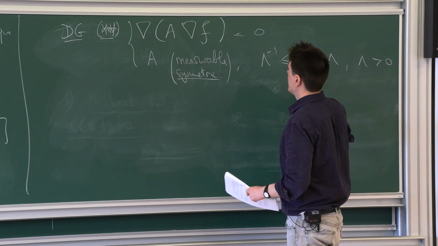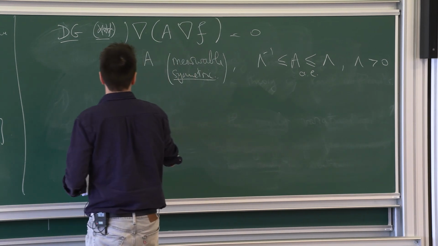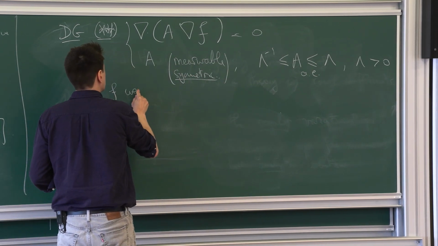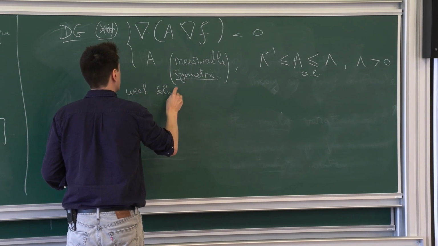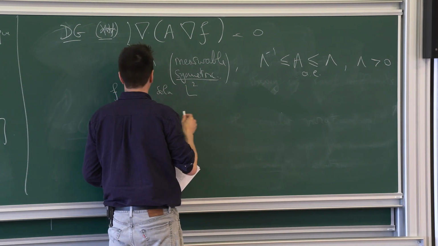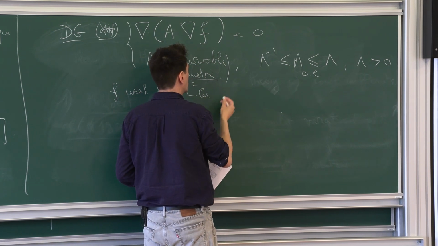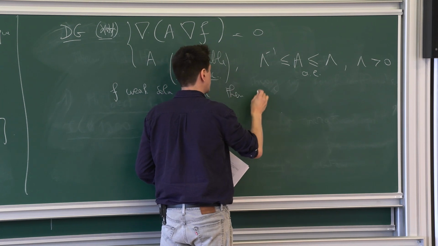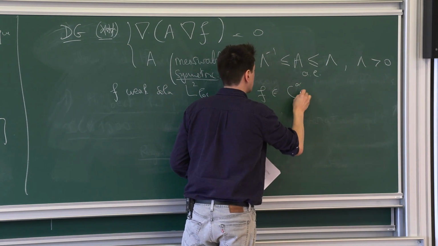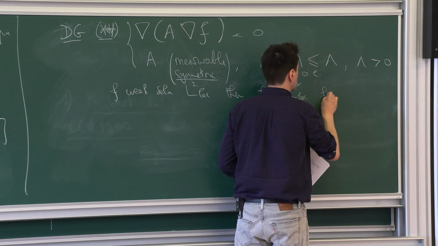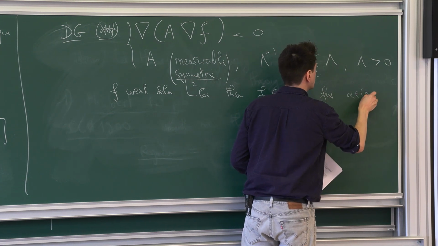And he proved that, let's give a rigorous statement, if f is a weak L2 solution, then locally, f is locally Hölder for some alpha.